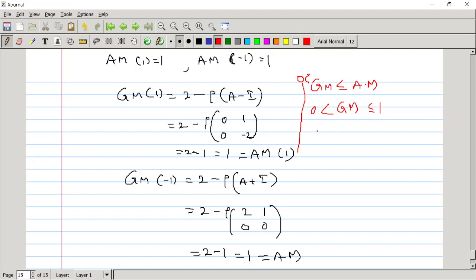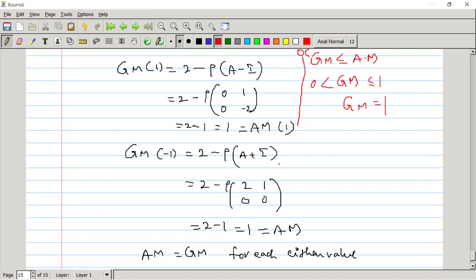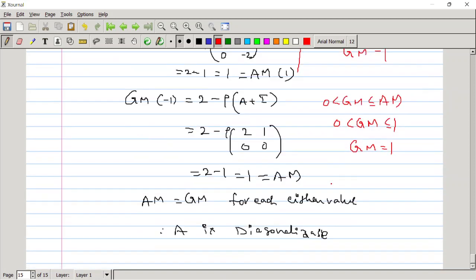There exists no integer between 0 and 1 except 1, so geometric multiplicity has to be equal to 1. In a similar way for the eigenvalue minus 1 also, 0 is less than geometric multiplicity, which is less than or equal to 1. So geometric multiplicity equals 1. From this method also we can say this matrix is diagonalizable.